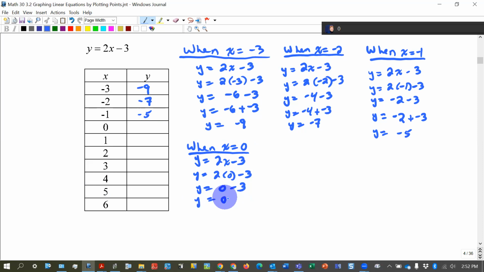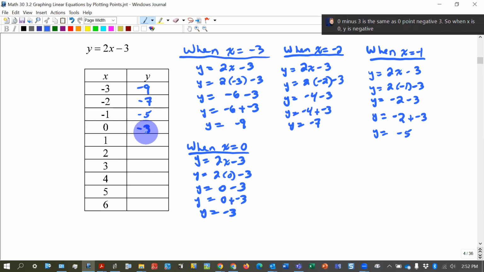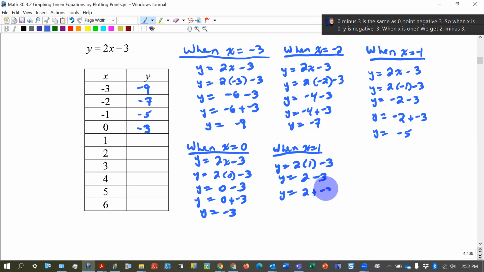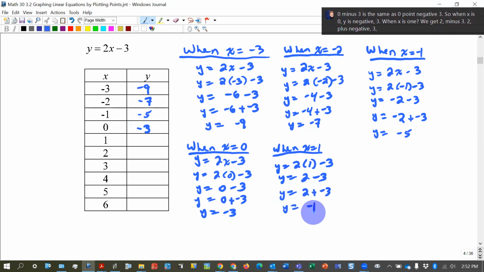Zero minus 3 is the same as 0 plus negative 3. So when x is 0, y is negative 3. When x is 1, we get 2 minus 3. 2 plus negative 3 is negative 1.